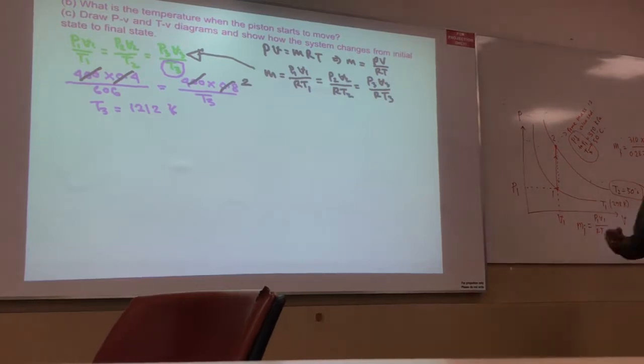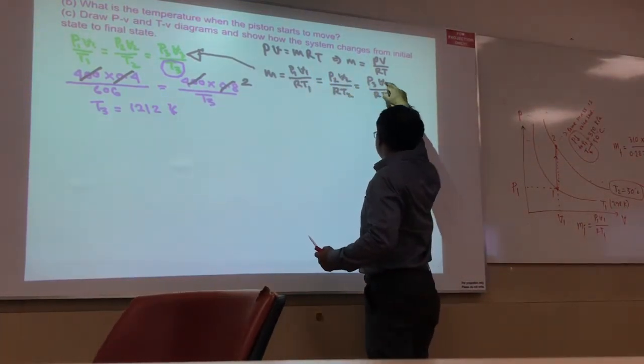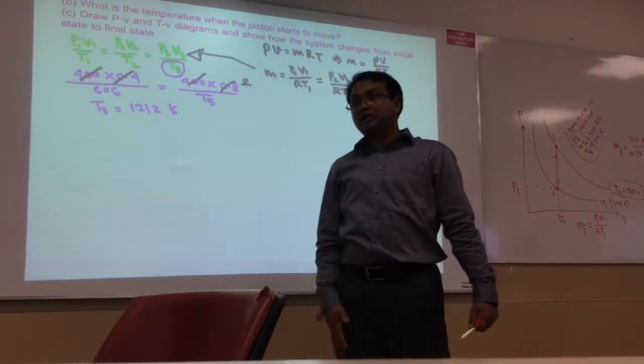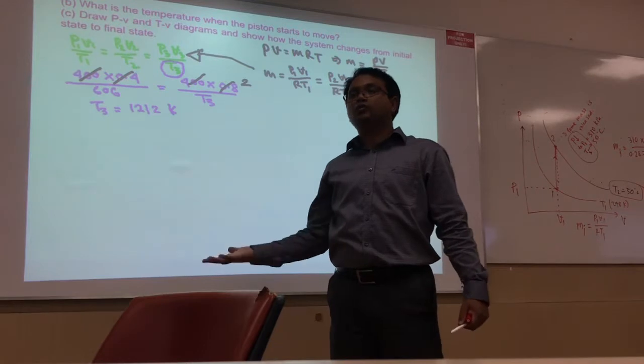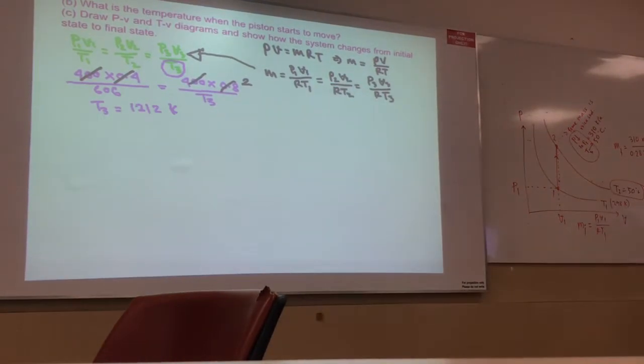Same thing, right? Then I can write P1 by T1, P2 by T2, P3 by T3. R cancels. Understand how I write this? This is the way. I'm going later. Don't worry.